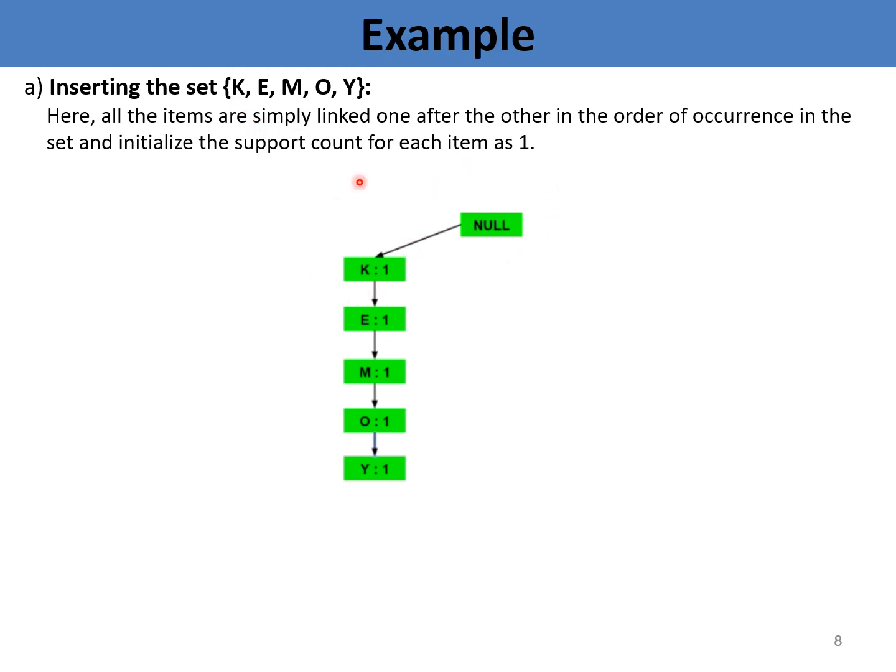Then comes the turn of K. In front, we mention the frequency or the support of that item. If another set comes with K in it, we will increase its frequency by 1. So K, then another node in which we mention E, then another node M, O, and Y. These are inserted with a support count of 1 for each item.